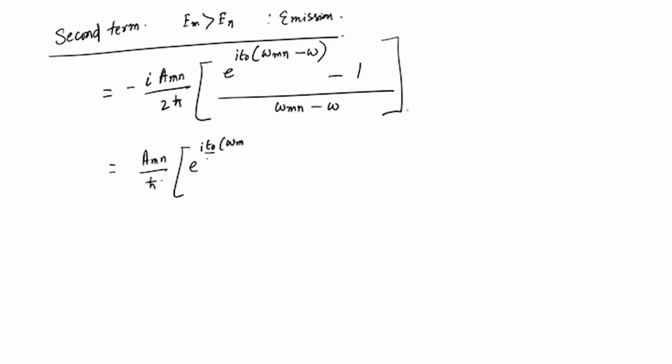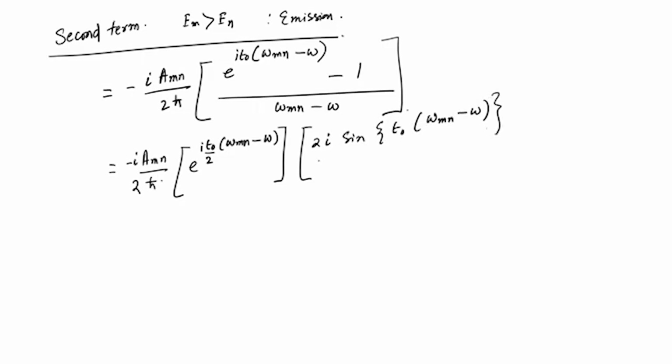So, it is exponential i t_0 by 2 (omega_mn minus omega), if it is taken as common. Then basically there is a minus i there, and a 2 h cross there, which will cancel out because there is a 2 i there, and a sine of these t_0 and omega_mn minus omega, divided by omega_mn minus omega, and so on.